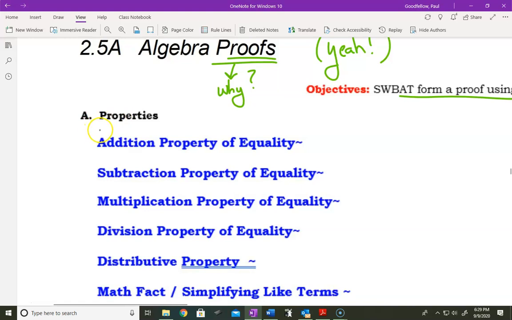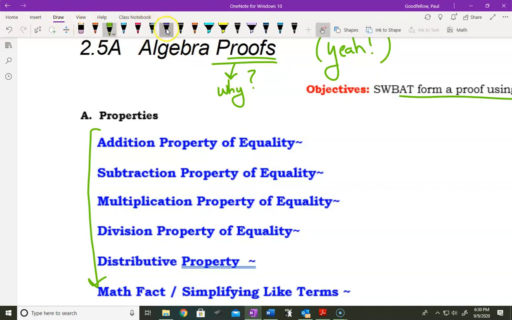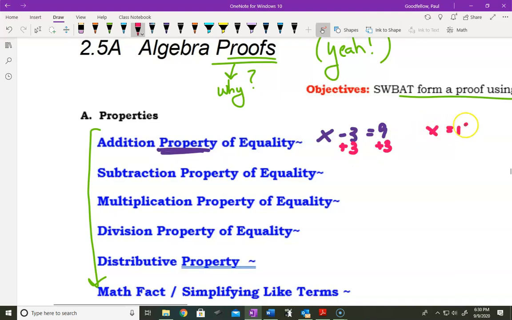Now, the reason why you were doing any of the things that you were doing in algebra is because there are outlined specific properties that you should have been aware of to do the certain kinds of things that you were doing in algebra. Say, for instance, you had x minus 3 equals 9, and ultimately you solved that by adding 3 to both sides and ended up getting an answer of x equals 12.